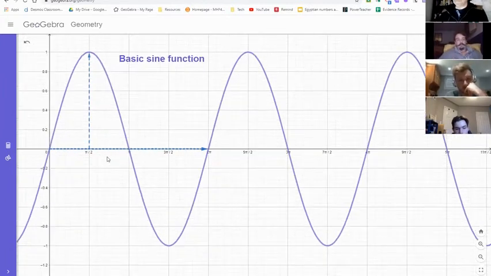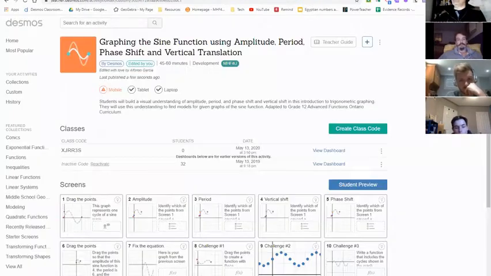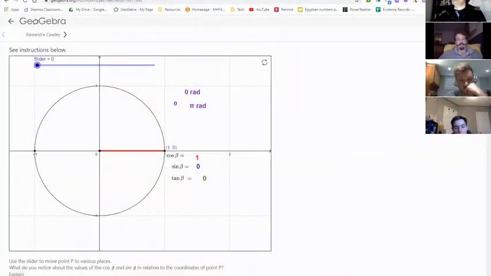If you notice here, pi over 2, pi, 3/2 of pi, and 2 pi. So this interval from 0 to 2 pi is one loop, one going around my circle here, from here all the way around. Yes, that is one cycle.